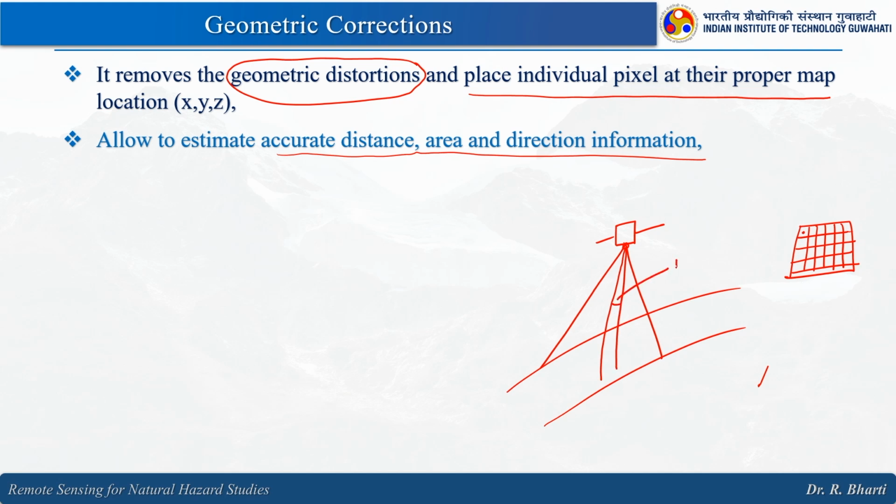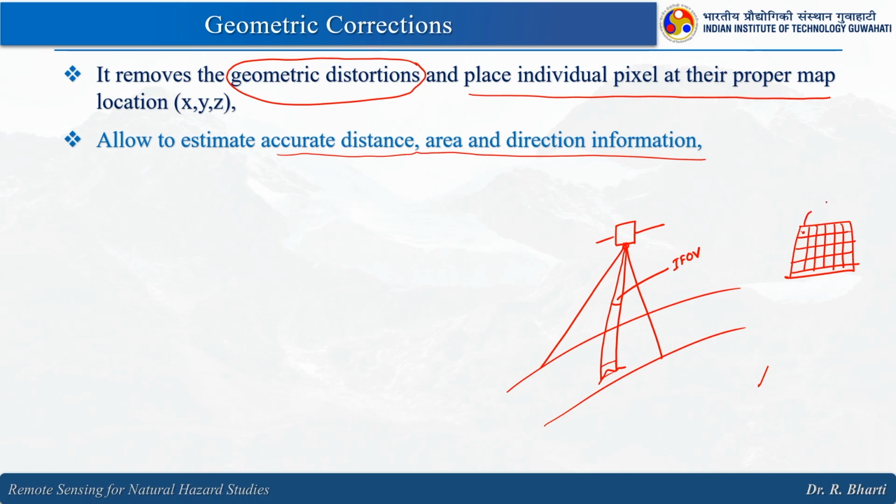This is IFOV. And let us say within this field of view you have this kind of topography. So what will happen to this particular pixel? This will have less area or maybe larger area depending upon the topography covered within this.